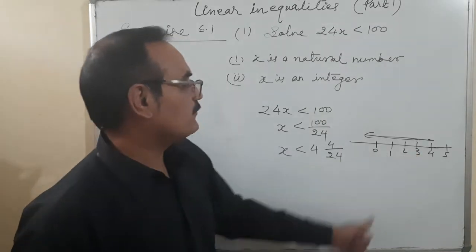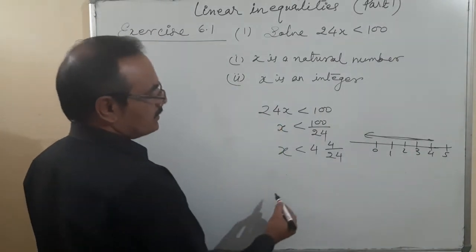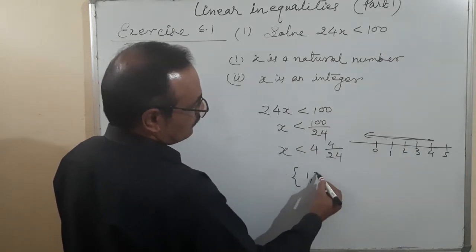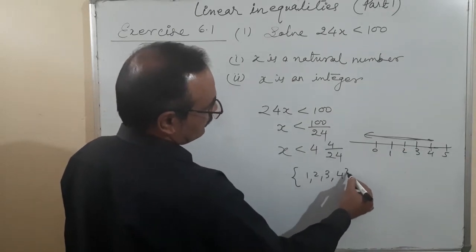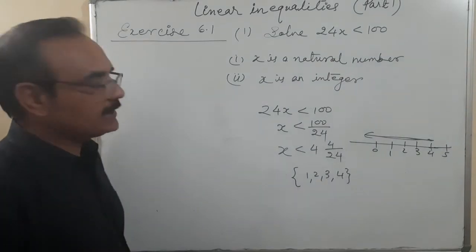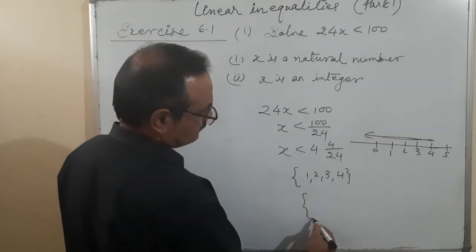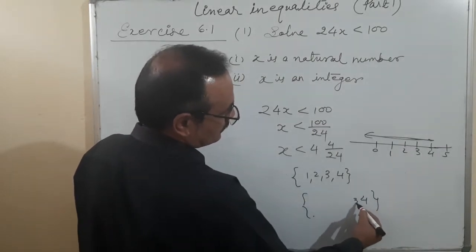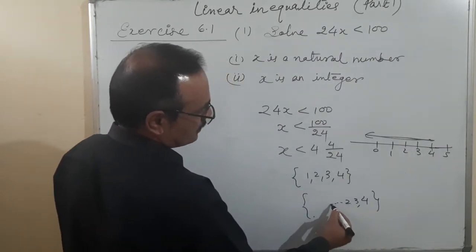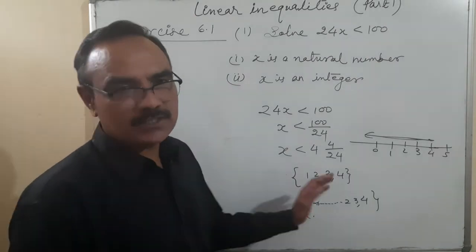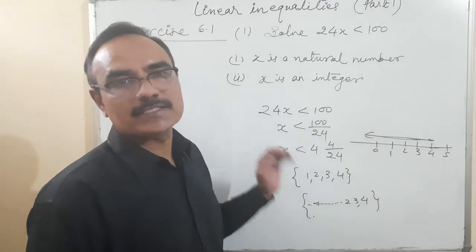So when we are talking about the natural number set, what to write here? Natural numbers start from 1: 1, 2, 3 and 4 will be included. When we are talking about x is an integer, starting from here 4, 3, 2, down to minus infinite, because integers are 0, minus 1, minus 2, minus 3 up to minus infinite.